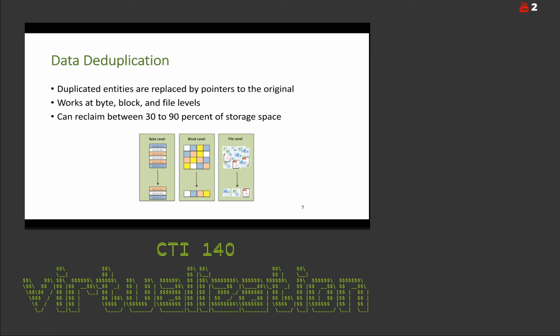It's kind of like making a symlink on your desktop. When you create a shortcut on your desktop to another file, or you create a link to another file, that's essentially what we're doing here with data deduplication.